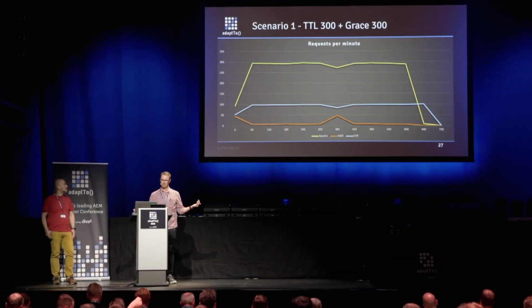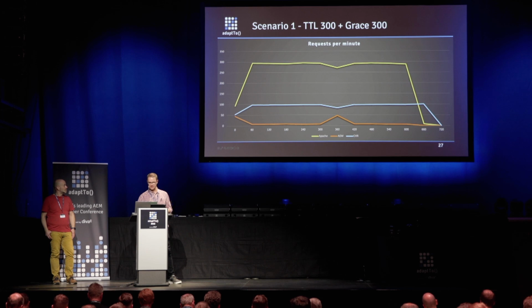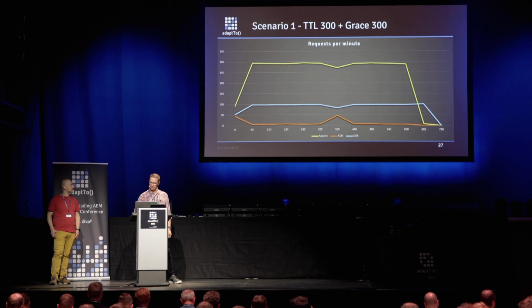It went up by 50 requests per minute by just making this small change. Cache hit ratio is hovering around 100% all the time. Those little blips you see there are where the grace period is expiring, and the assets also start to get refreshed again from the publisher.